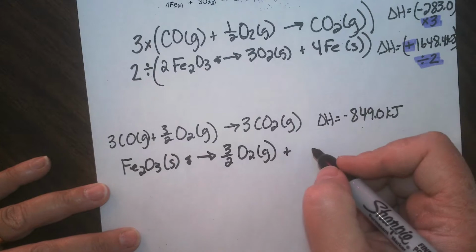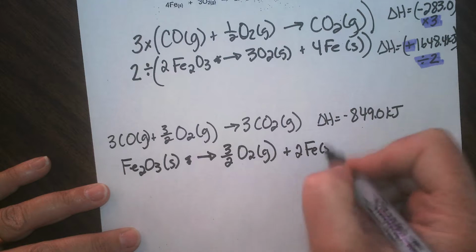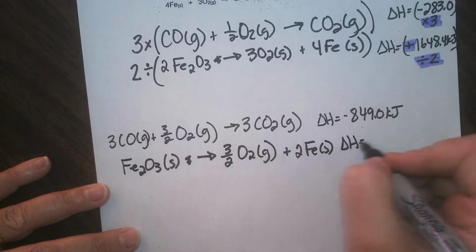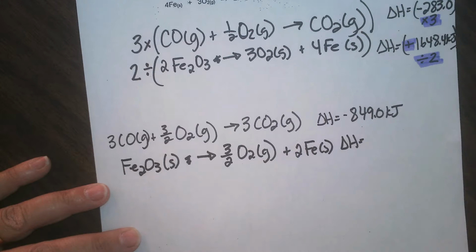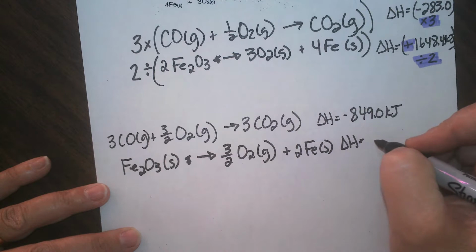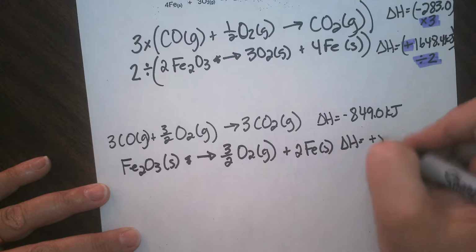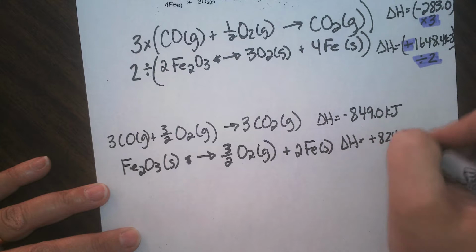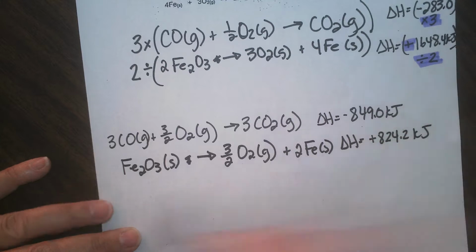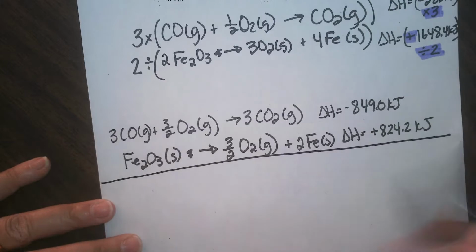What's 4 divided by 2? And what's 1648.4 divided by 2? But we got to remember it's positive. Now we're going to do that whole canceling piece.